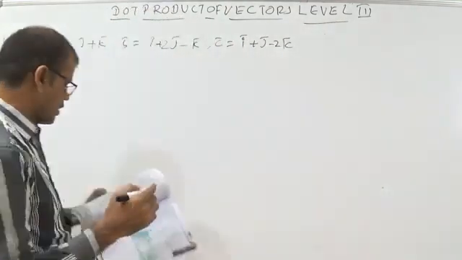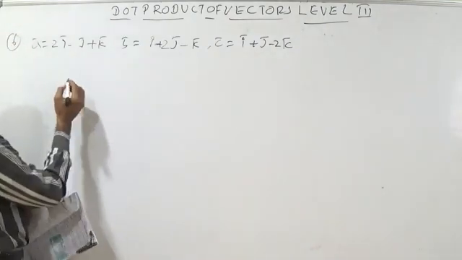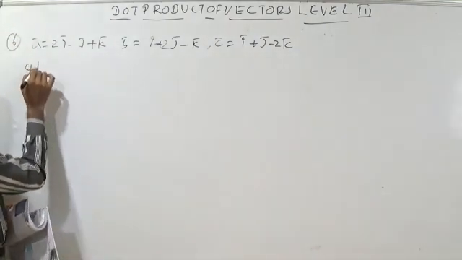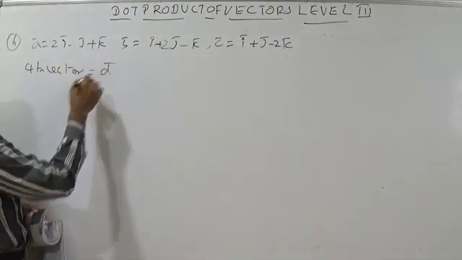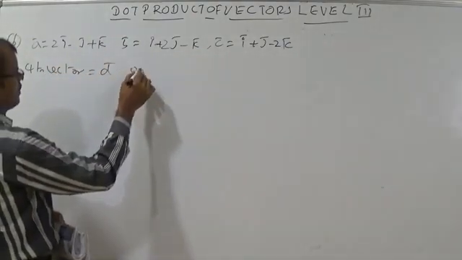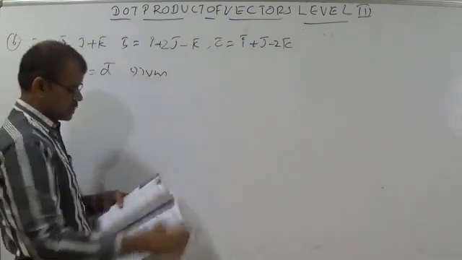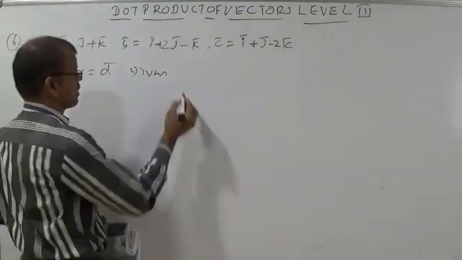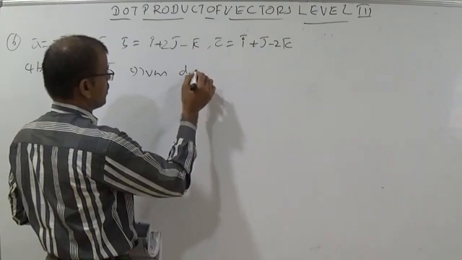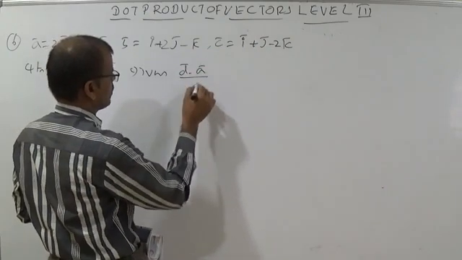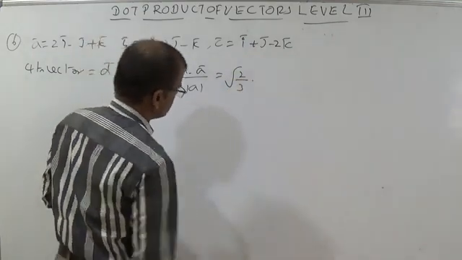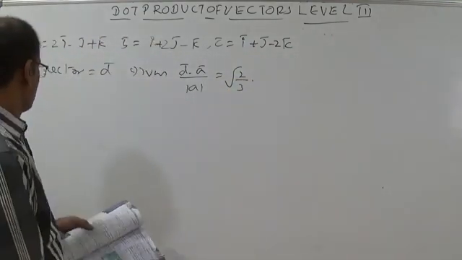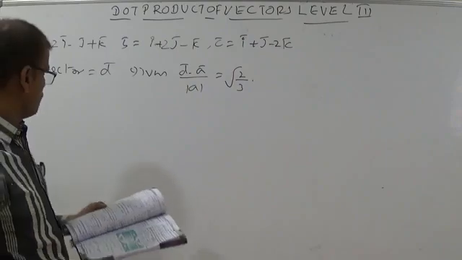Projection on a bar is what he is asking. Let the fourth vector, the vector we are finding, be d bar. Given the magnitude of projection, the formula is d bar dot a bar by mod a bar is equal to root 2 by 3. We are finding the value of d.